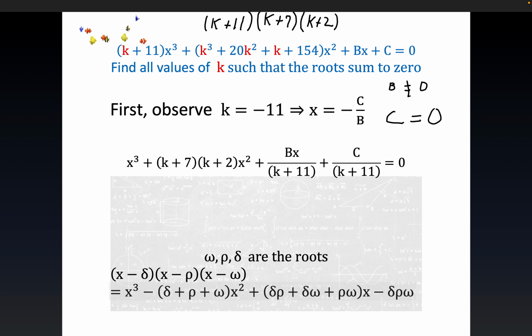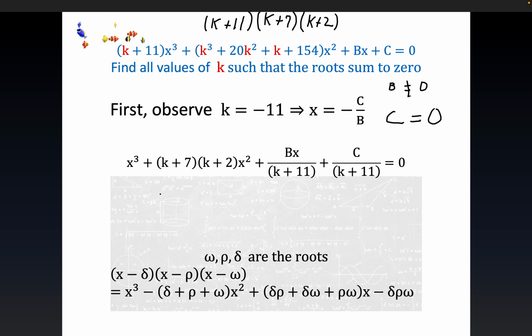And as many of you have seen, you probably don't need to see this, the minus sum of the roots presents as the coefficient of x squared. That is, minus the quantity delta plus rho plus omega ends up being the coefficient of x squared. And that's all that's really important, because that means we have to set what presents as the coefficient of x squared.